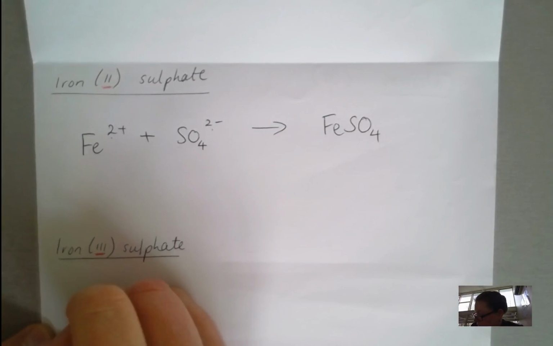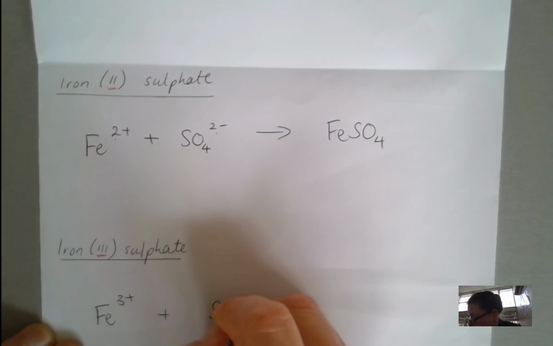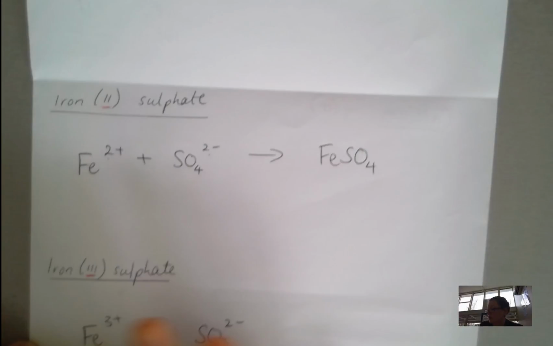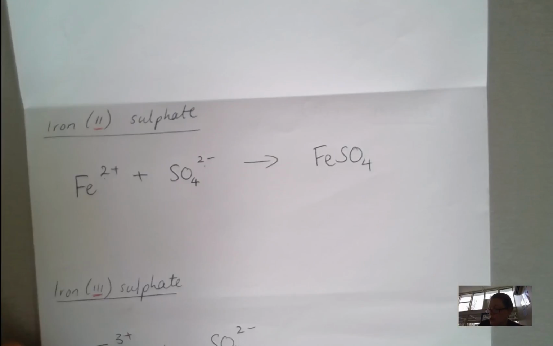For iron 3, however, we may have to do something else. If you remember back to our previous one where we did aluminium oxide, we're going to cross multiply.